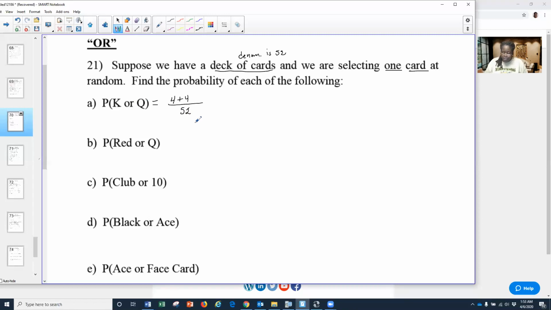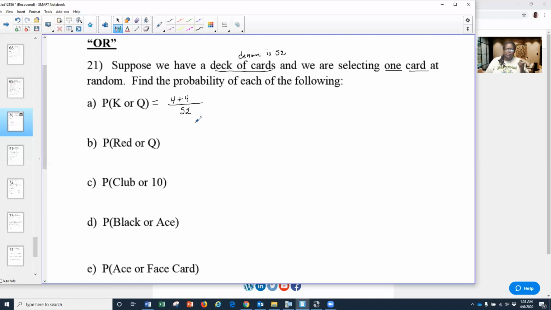But then we have to think about it. We have to consider mutually exclusive or not. Is there a chance in the deck, think about it, is there a card in our deck that could be a king and a queen together? No. All right.